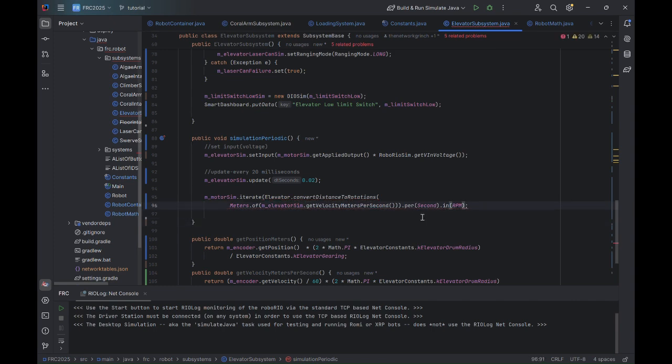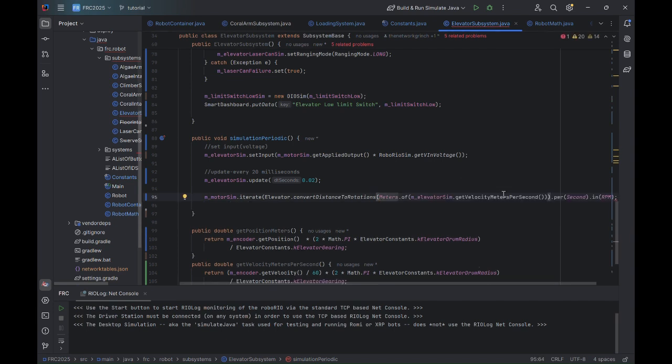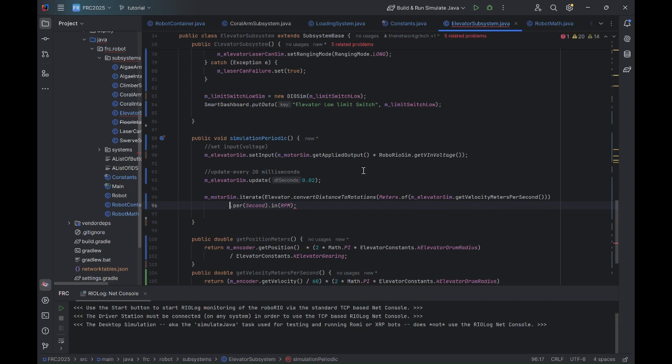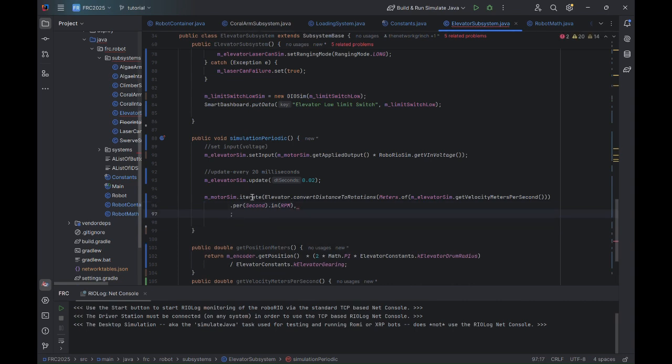Okay, that looks good. So we convert this thing to rotations, and then we use per second, and we convert it to rotations per minute. And that's not done. Because it should be, it's like so weird.